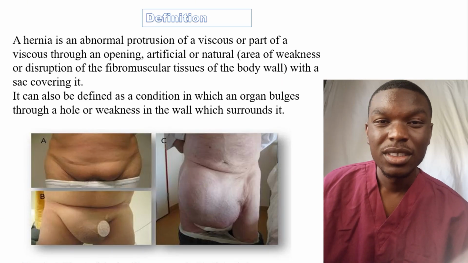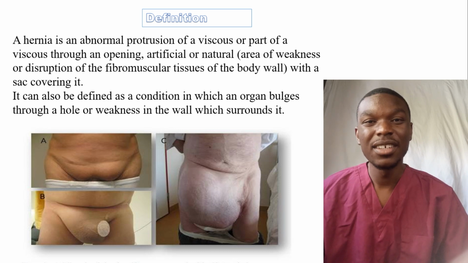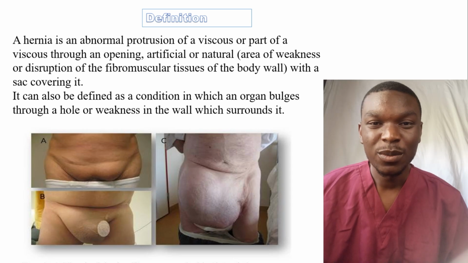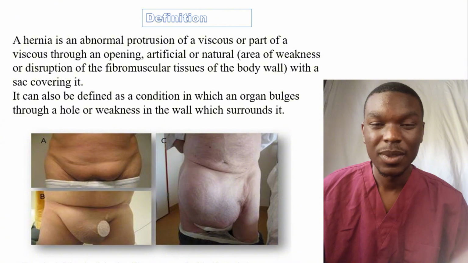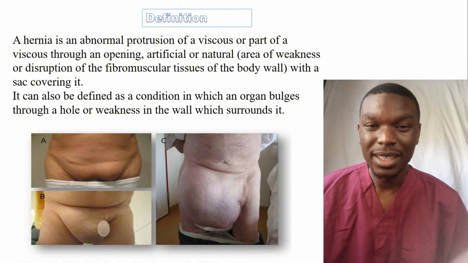So on the ward round, you will find patients with hernias and they require you to have certain information or knowledge about these hernias. So, firstly, they want you to know what hernia is.